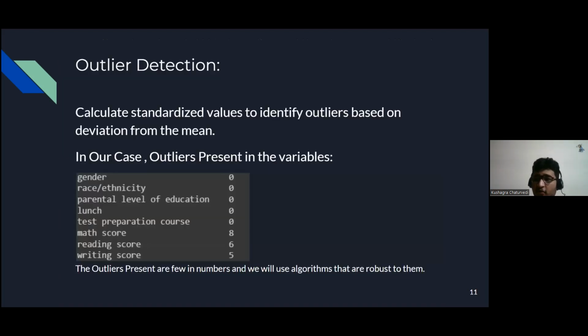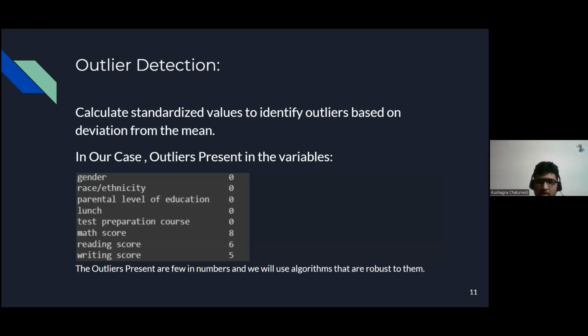And we have also performed outlier detection here. For the outlier detection, we calculated the standardized values of each numerical column, and from the deviation present from the mean, we can identify those outliers by setting a particular threshold.